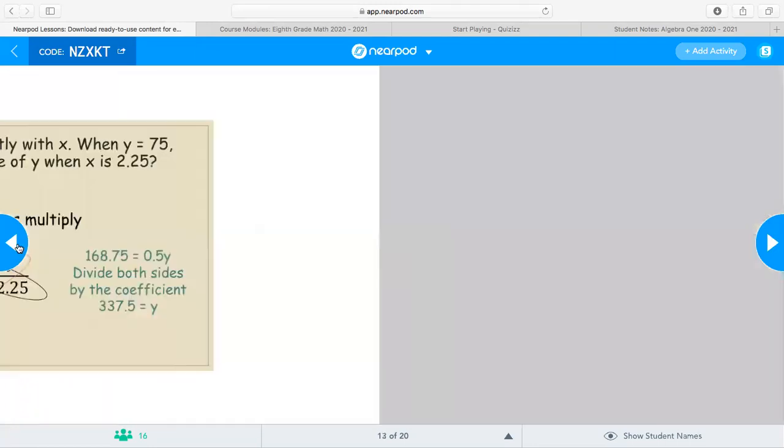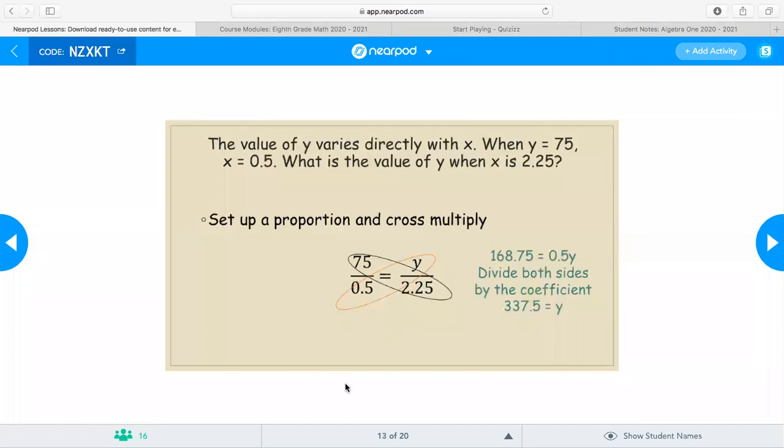Really quickly, I'm gonna go backwards and I'm gonna make up a problem. What I want you to do is type your answer in the chat. So not this problem, I'm gonna write one on the side. So y and x vary directly, okay? They're proportional. When y equals 15, x equals 3.